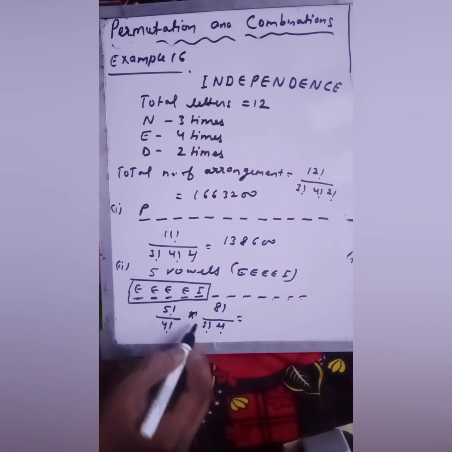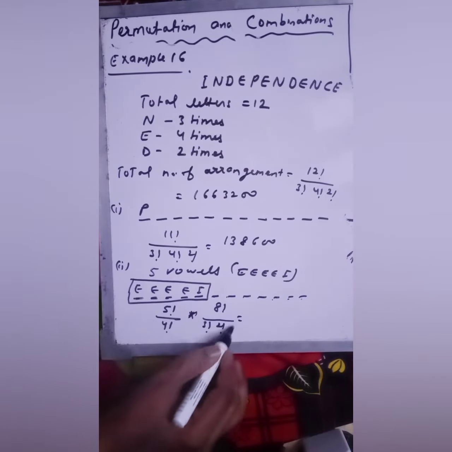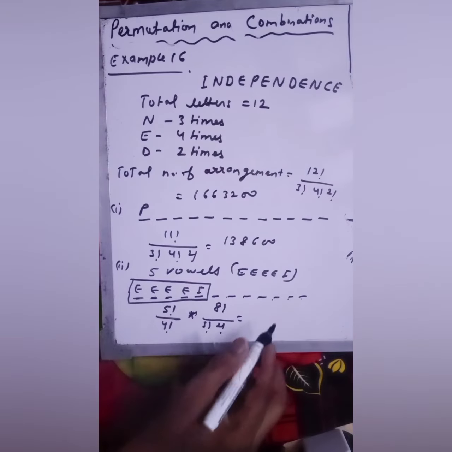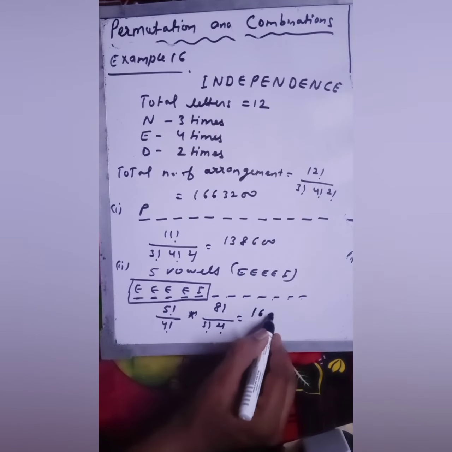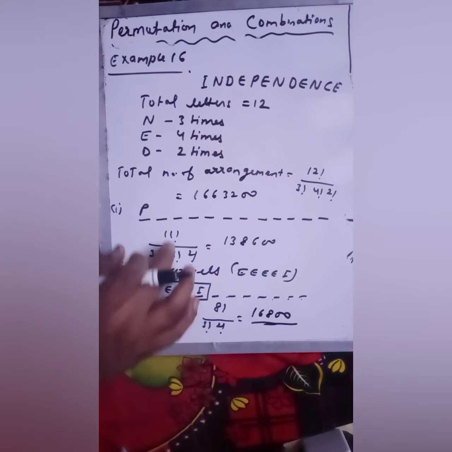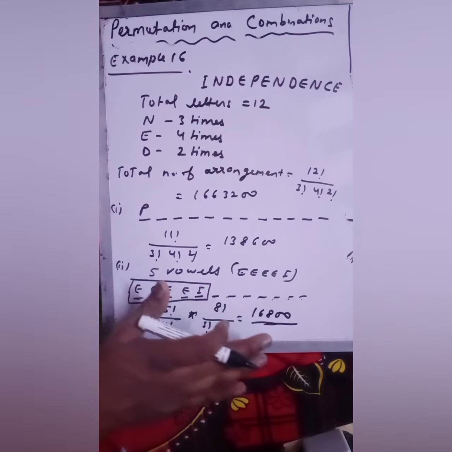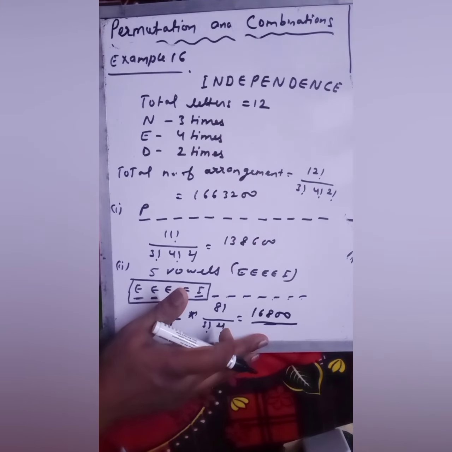Multiply these two and you will get the final arrangement in the second part. When you solve these two, you will get 16800. If you're getting any problem in solving now, you can ask. Fine, so I'm just writing the answer here.